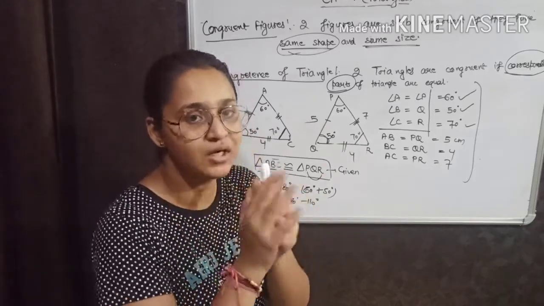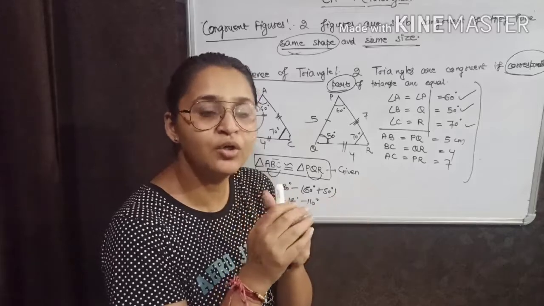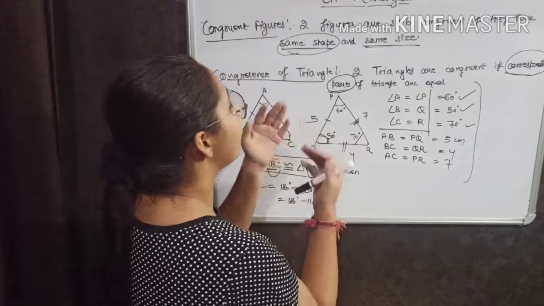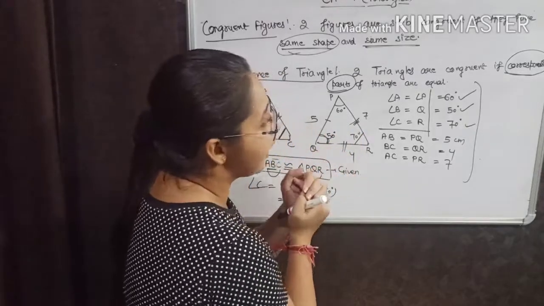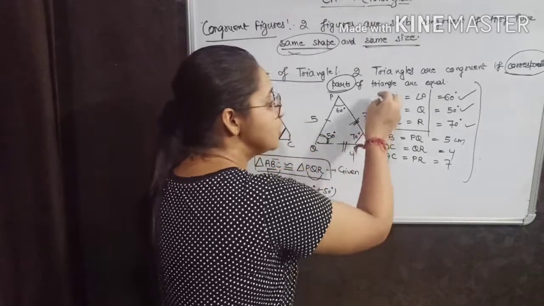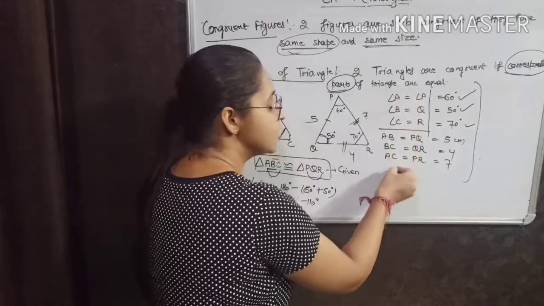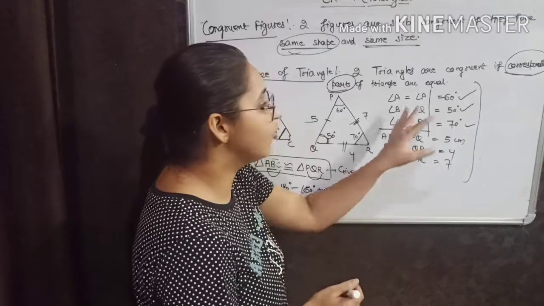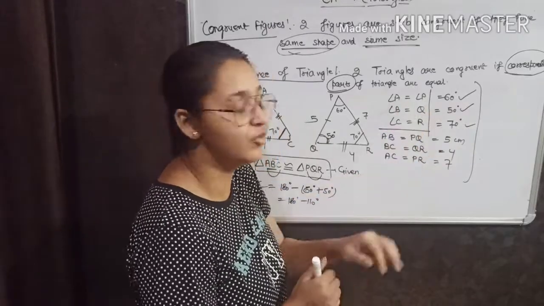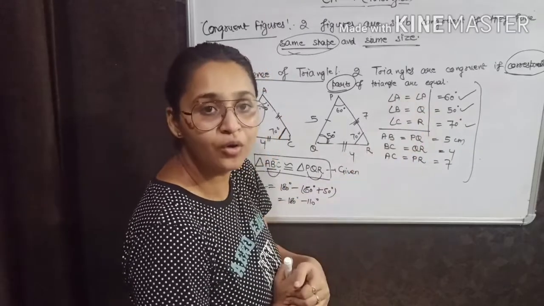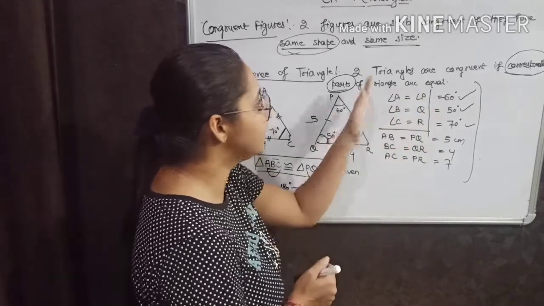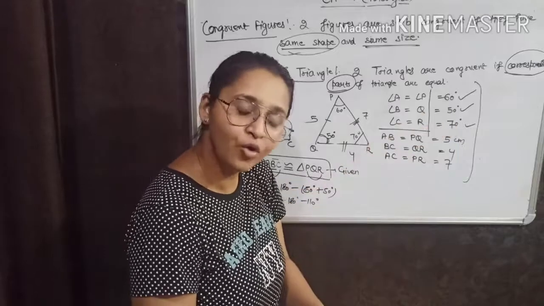Now, in the next module we will study the criteria. Do we have to check all of the 6 conditions to check whether the two triangles are congruent or not, or do we have only some defined methods, some defined corollaries or theorems with the help of which we can determine that two triangles are congruent?